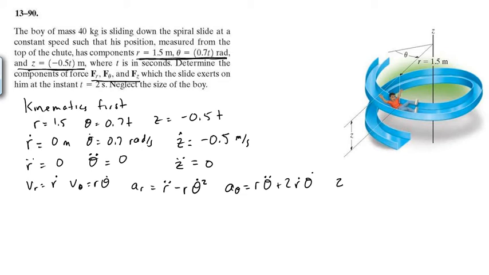And velocity in z is equal to z dot, acceleration in z is equal to z double dot.